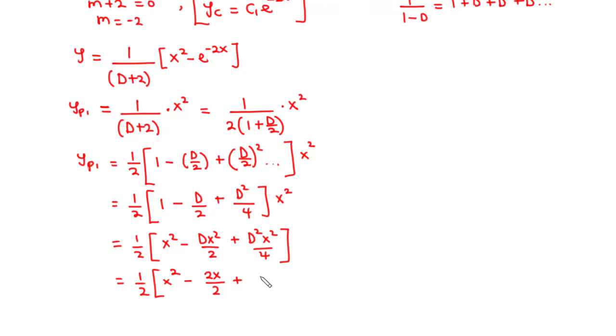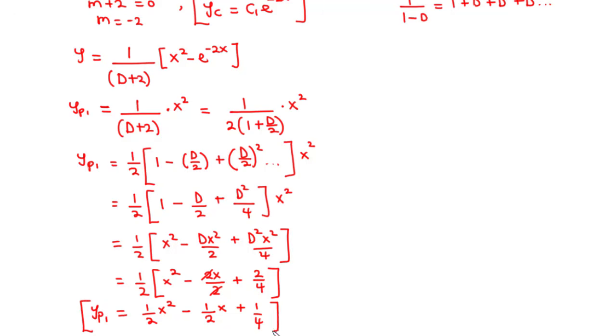So you are going to have 2 over 4. And then you multiply 1 over 2 across, so that you have 1 over 2 x squared minus, this cancels out this, so you still have 1 over 2 x, and then 2 cancels out 2, so you are left with 1 over 4, so plus 1 over 4. So this is yp1.